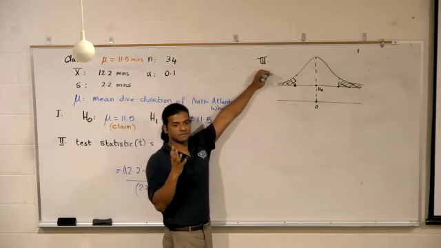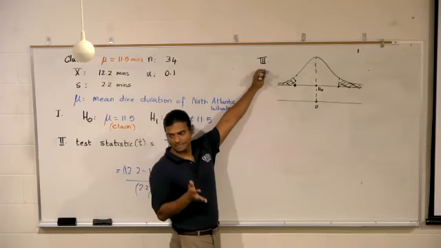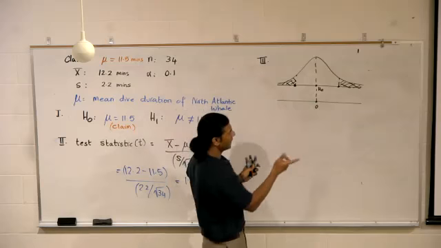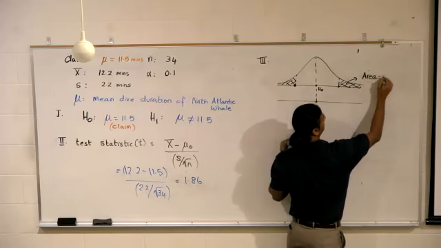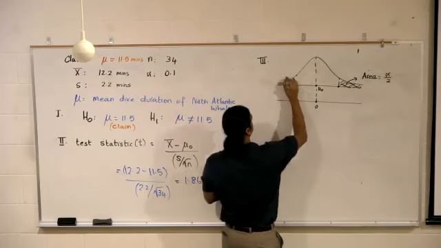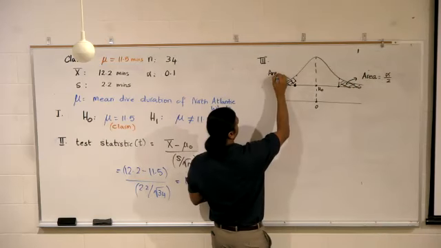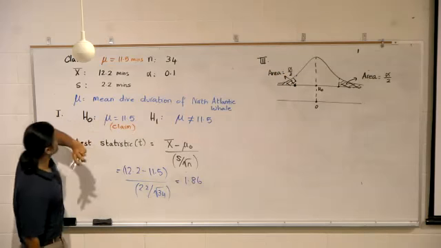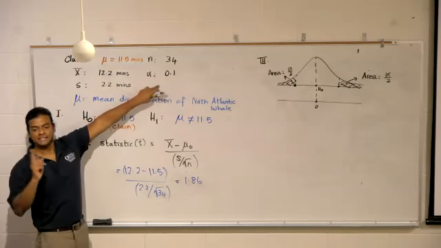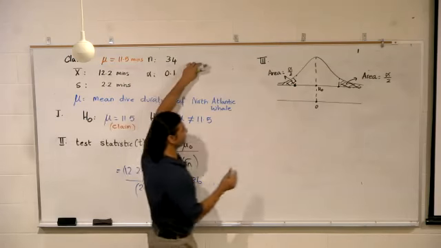Here, the maximum error is still alpha, but I have two sides, so I have to divide alpha by 2. So 0.1 divided by 2 is 0.05.